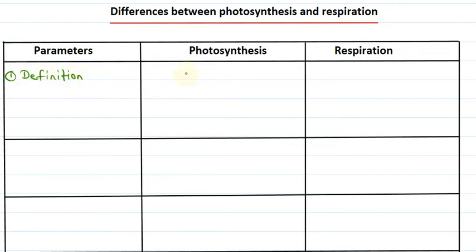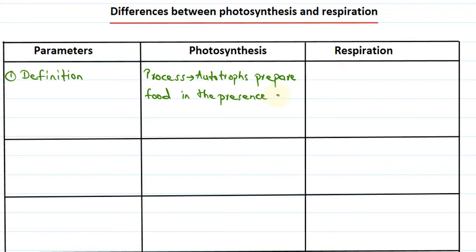So how can we define photosynthesis? Photosynthesis is a process in which the autotrophs prepare or synthesize their food, and this food is synthesized in the form of glucose in the presence of sunlight and chlorophyll.